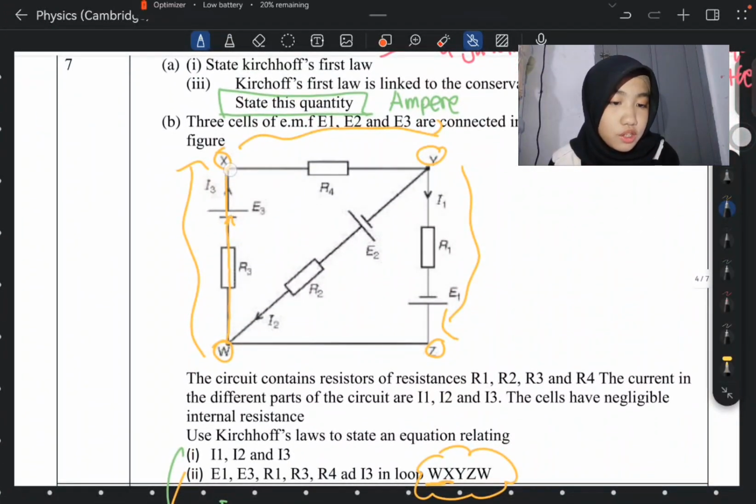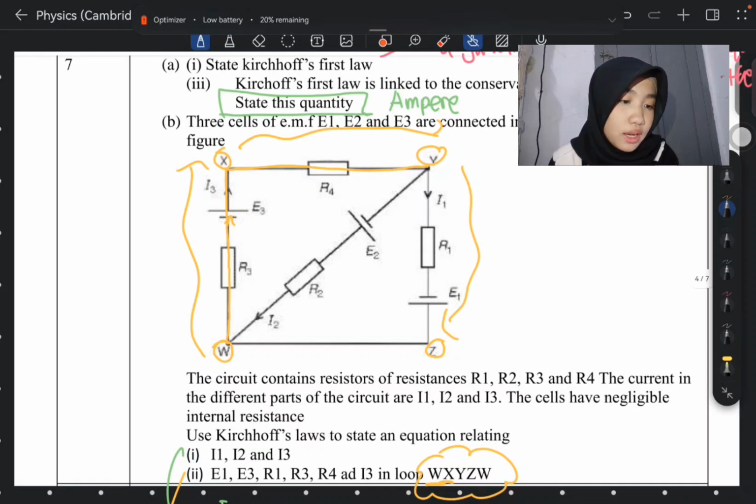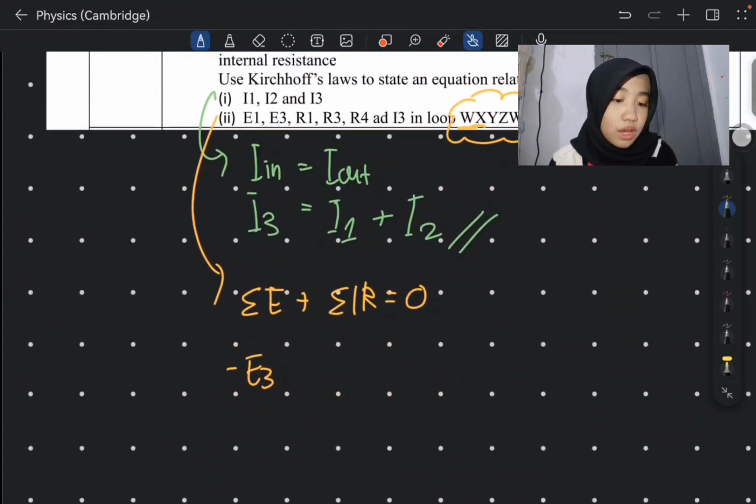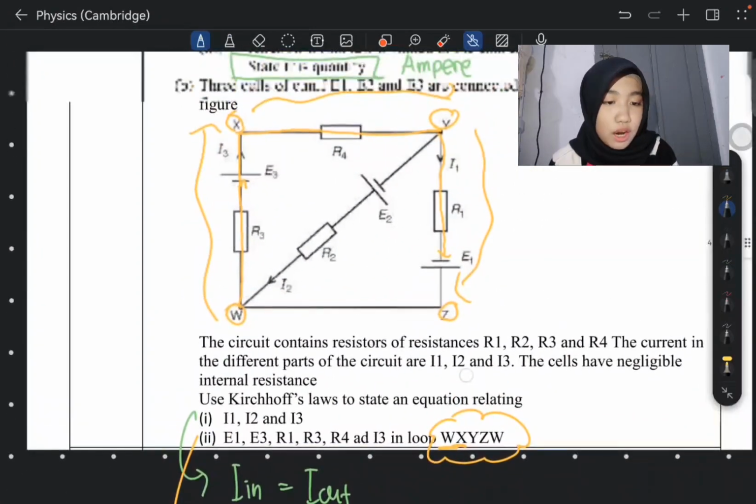Then if we continue to Y and then to Z, we'll also meet E1 in its negative form, so negative E1.